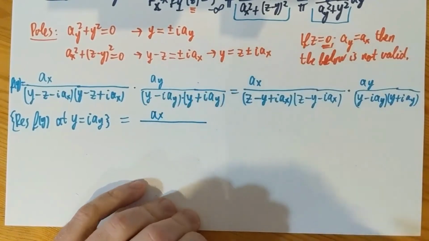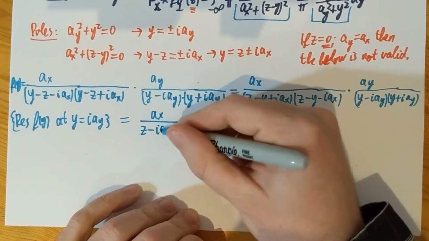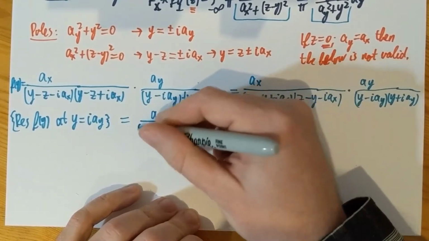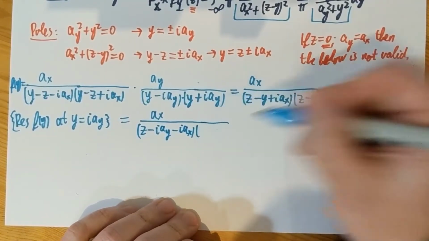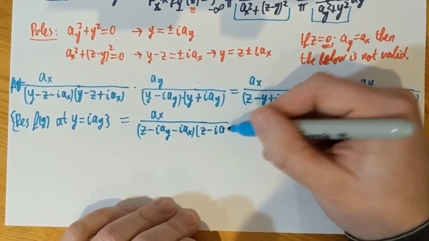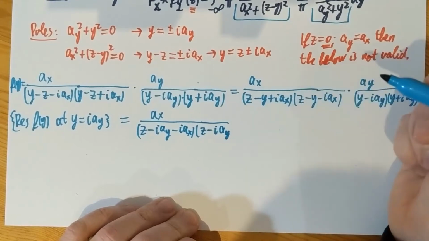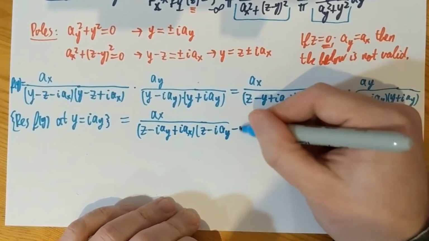AX over Z minus IAY minus IAX for the first term. So I just plugged in IAY here. Z minus IAY minus, oh sorry, this was a plus here, now it's a minus, IAX.